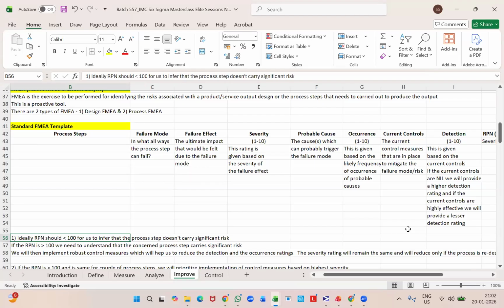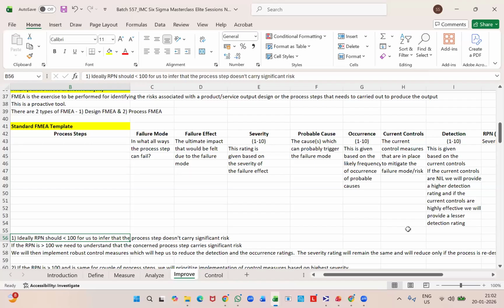So if a couple of process steps have RPN greater than 100, then we can understand that these two process steps carry some significant risk and we need to look at mitigating the same. So when they have the same RPN, which one would you prioritize for implementation of control measures? So we need to look at the severity rating of these process steps.